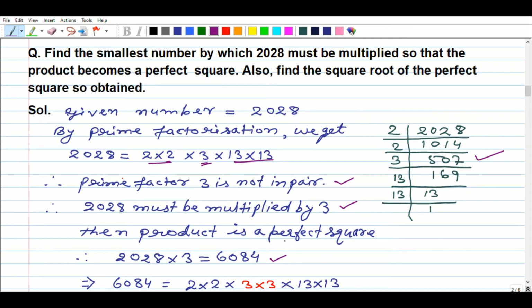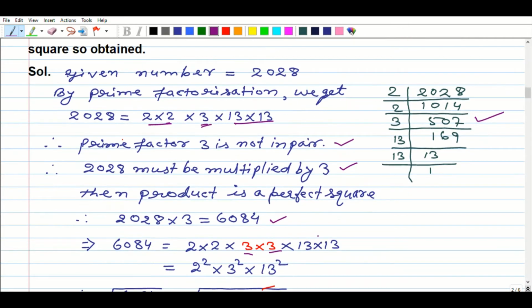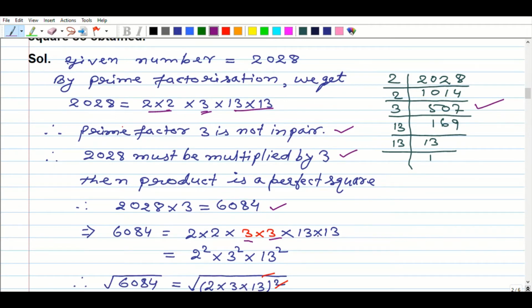And for 6084, we have already found the factors of 2028. You write them as it is, and multiply by 3. You see here 3 becomes a pair, so there is no problem. We get the factors of 6084 as 2 square into 3 square into 13 square. So it helps us to find the square root. Now let's see.